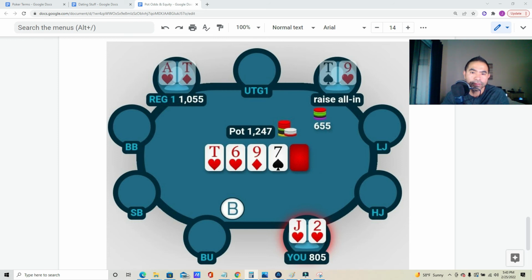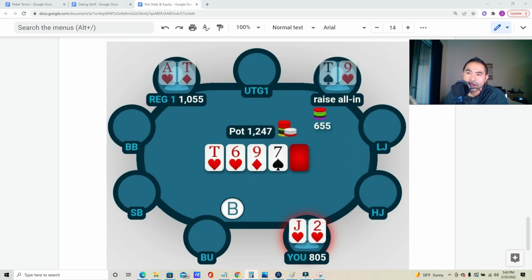So, 805 plus 1250 gives us 2055. Let's call it 2050. So 800 divided by 2050 gives you approximate pot odds, expressed as required equity, of 39%. So let's keep that in mind, right?